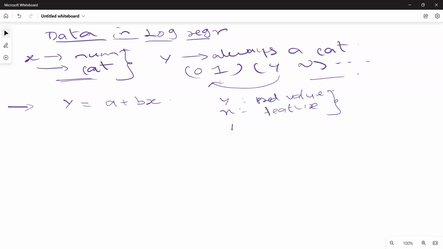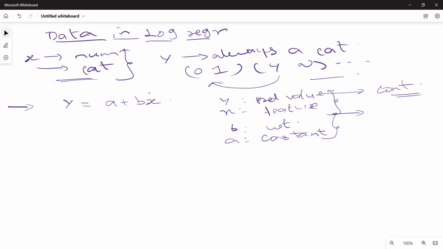And we have b, which is the weight, and a is the constant term. Okay, this is linear regression, and the output will be a continuous value.